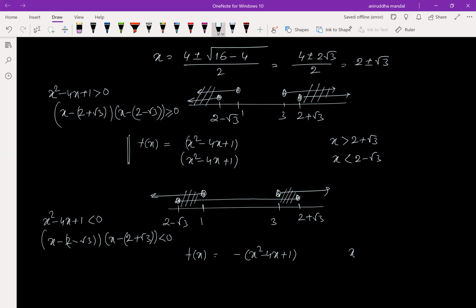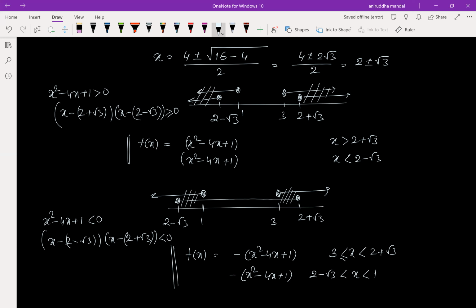So within this region means x is greater than 3 and less than 2 plus root 3, and similarly this is again less than 3 when x is negative when it lies between 1 and 2 minus root 3. So x is less than 1 and 2 minus root 3. So this is the second portion of this function.